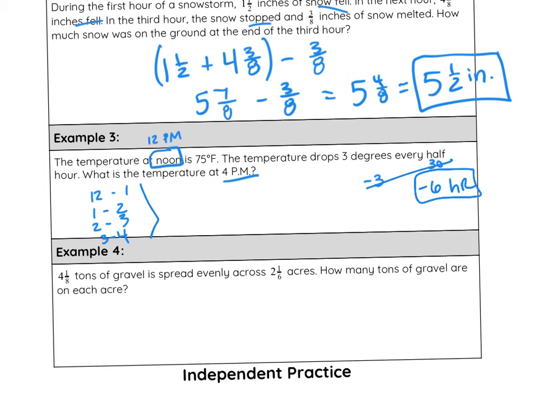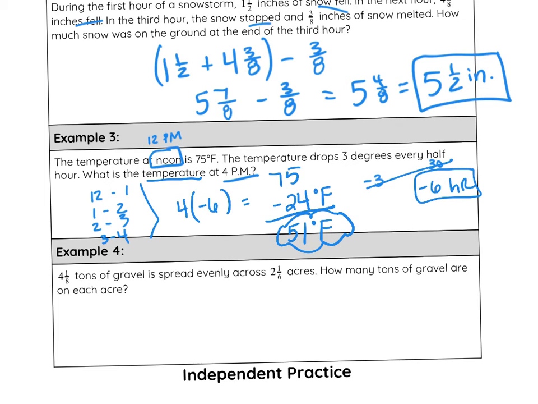So there are 4 hours here, and it's dropping 6 degrees every hour. So 4 times -6 is -24 degrees Fahrenheit, but they're asking for what is the temperature. So the temperature started at 75 and then dropped 24, and that gives us 51 degrees Fahrenheit.